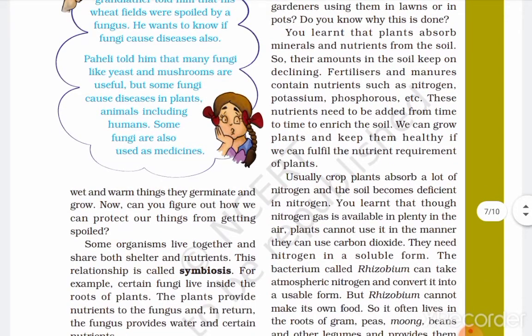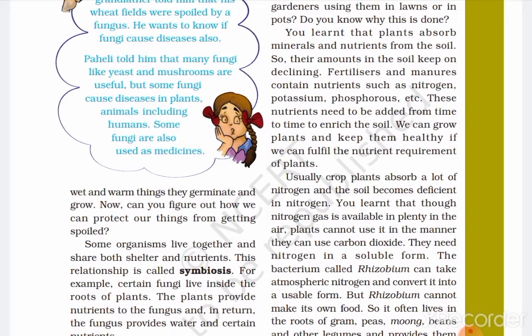Usually crop plants absorb a lot of nitrogen and the soil becomes deficient in nitrogen. You learned that though nitrogen gas is available in plenty in the air, plants cannot use it in the manner they can use carbon dioxide. They need nitrogen in a soluble form.